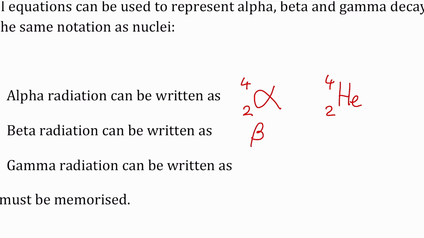We can do something similar with beta. Beta, as you've already seen, we represent as -1 and 0. It has no protons or neutrons, so it has 0 mass number, but we'll give it a -1 atomic number because it consists of an electron, which is negatively charged.